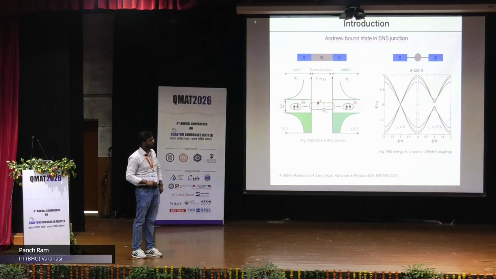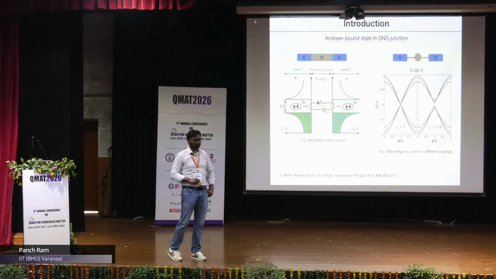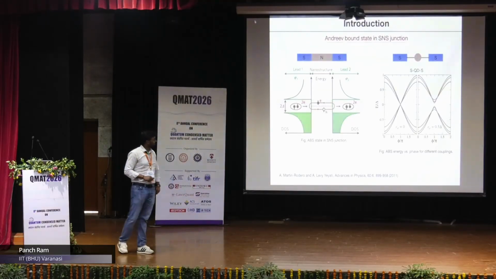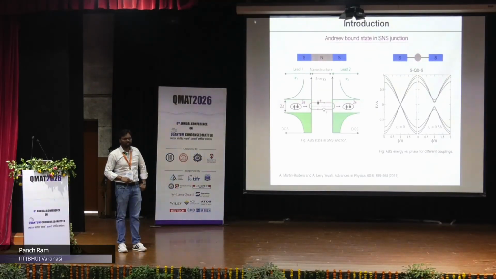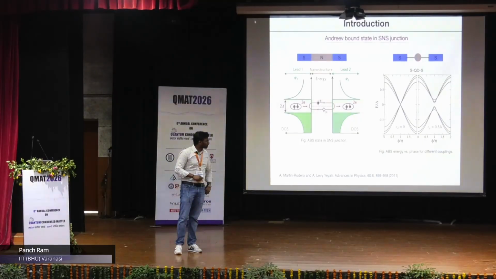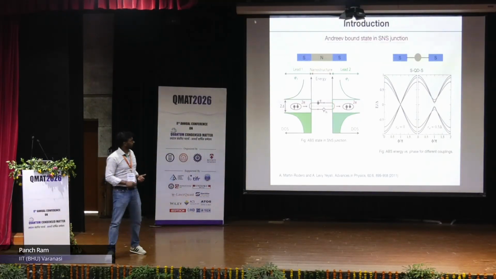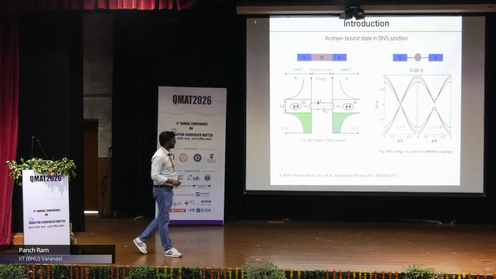If the dot has zero energy and you change the phase difference between these two superconductors, it can go down and touch at zero energy, and later it can go away. But the interesting thing is, if you have finite energy on the dot, then no matter what the phase difference between the two superconductors is, it never closes. So we always have the gap.